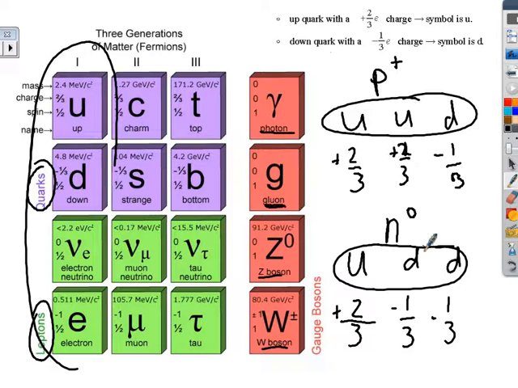Now, if I had an antiproton, antiparticles, typically we just draw them with a line over top. I would have two anti-ups and an anti-down quark. And all that would happen is I would change the sign on the charge. So I'd have -2/3, -2/3, and +2/3.